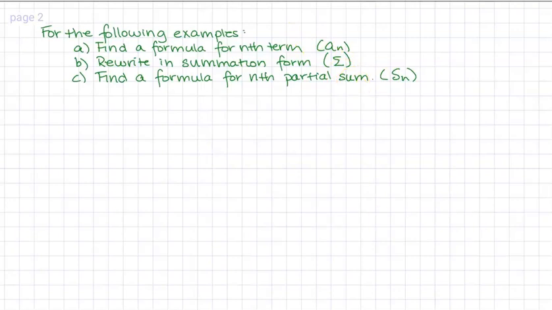Here's our first example. Well, I guess it's really our second example, but our first example using these directions. So what if I gave you 1 times 3 times 5 plus 2 times 4 times 6 plus 3 times 5 times 7, plus, and we have to find a formula for a sub n?